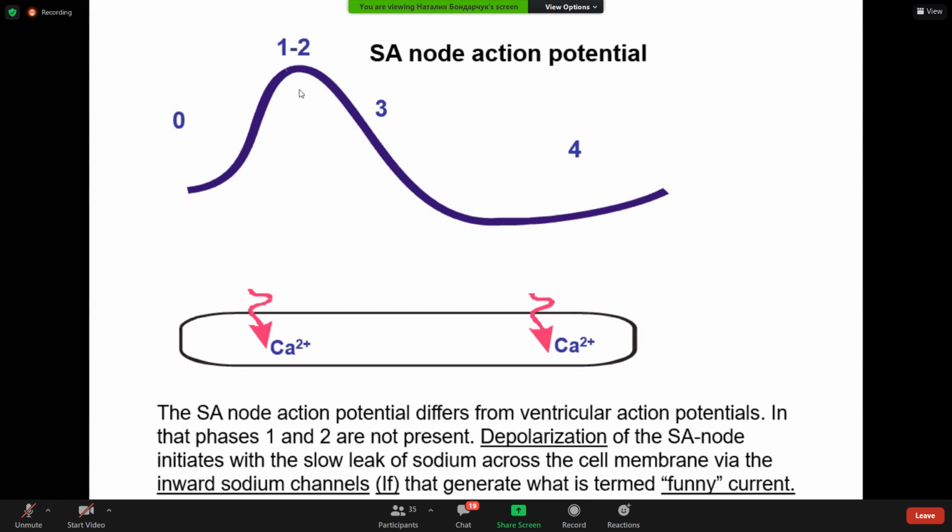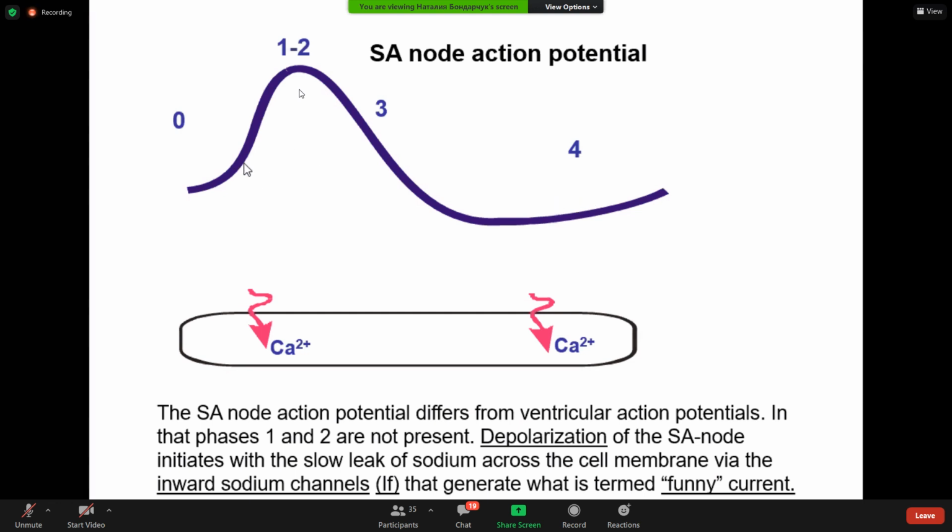The sinoatrial node is a pacemaker. That's why in general there is no need to speak about phase 0. The sinoatrial node is not responsible for conduction. It is responsible only for the initiation of impulses for heart rate. That's why it's important to speak about the fourth phase of the sinoatrial node, but not phase 0.